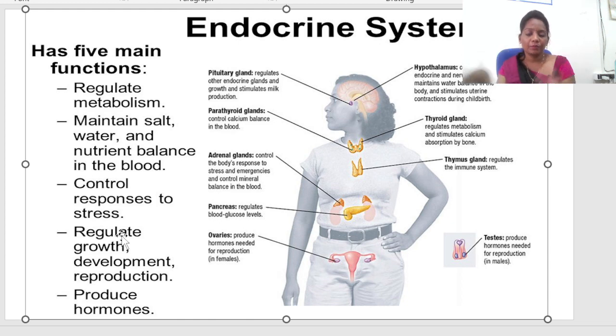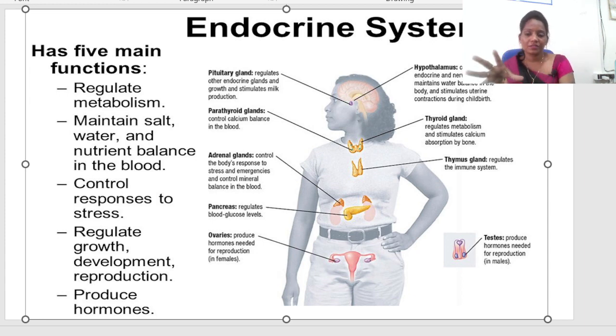These are the five important functions we can study under the endocrine system. My best advice: whatever glands I have listed, the hormones they release and the functions they perform, if you are able to write those, you will get a lot of functions.